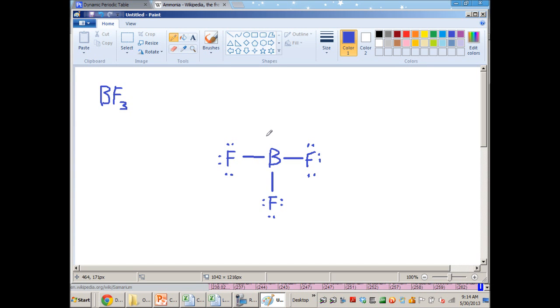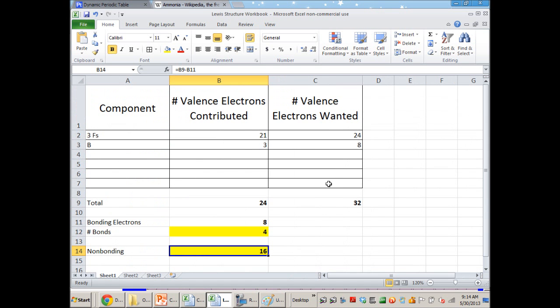Okay, so let's think about the geometry of this thing, and let's think about why my back of the envelope calculations were wrong. They were wrong because we assumed here that boron would have a satisfied octet. It doesn't in this case. We ran out of electrons to use for bonding.